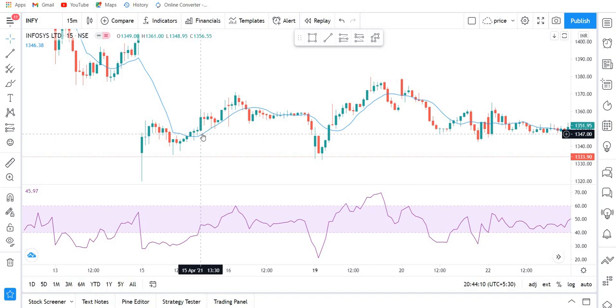The target will be when RSI touches the 60 level, and your stop loss will be the low of the confirmation candle, the candle which formed above the 10 SMA while RSI was going above the 40 level. You will take entry on the next candle, and your target will be when the RSI first touches the 60 level. So this is as simple as that.